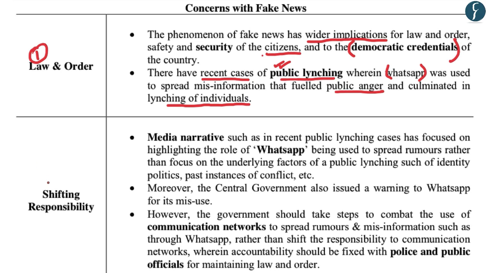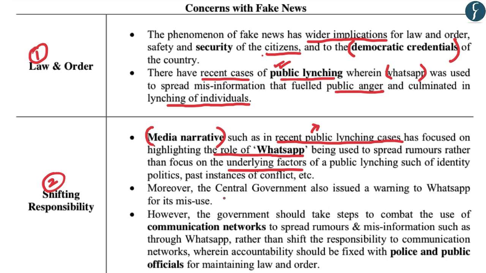The second concern with regard to fake news is of shifting responsibility. As you might be aware of the recent public lynching cases, the media narrative highlighted the role of WhatsApp, which is a communication network, while this media narrative did not focus on the underlying factors such as identity politics, past instances of conflict between the groups, or the underlying factors that caused public lynching.